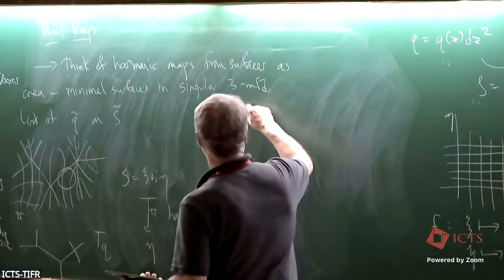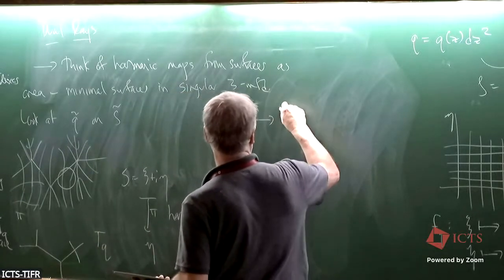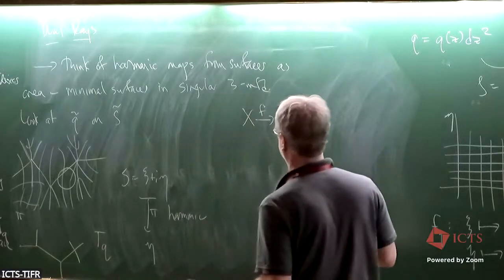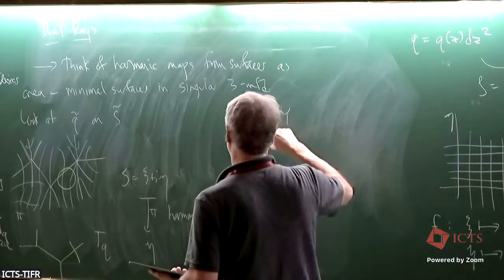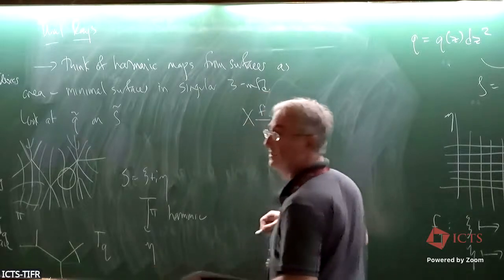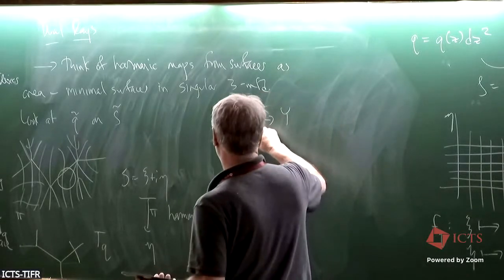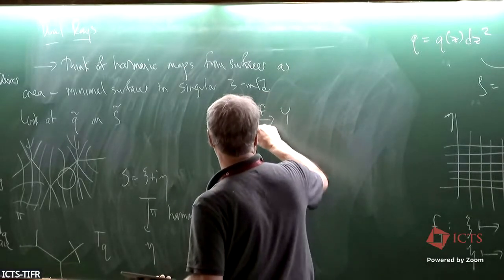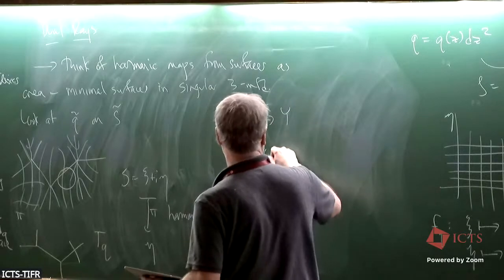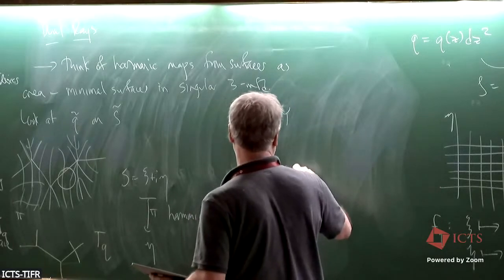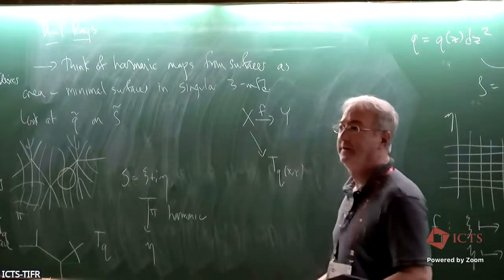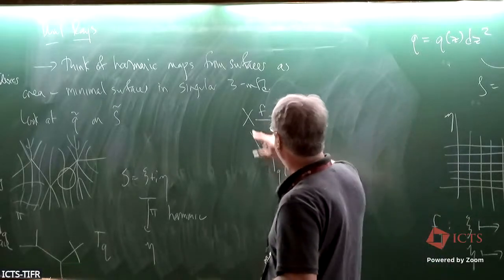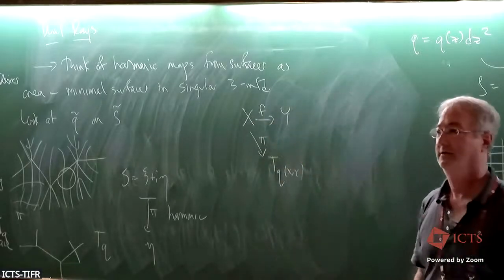What I want to say is that if I'm looking at a harmonic map from X to Y, it has associated to it this quadratic differential. And with that quadratic differential, I have another map that goes down to the tree, this pi. And now I have a pair of harmonic maps.